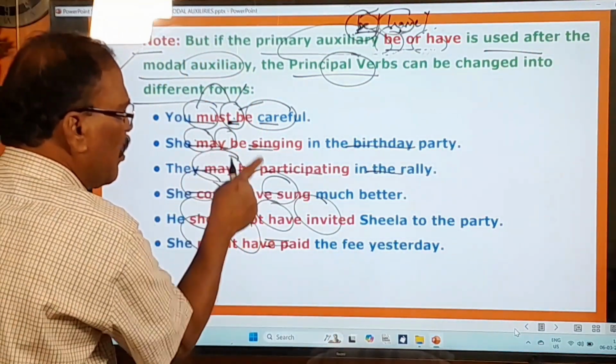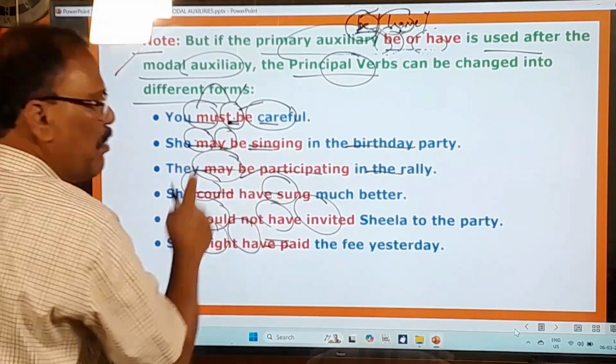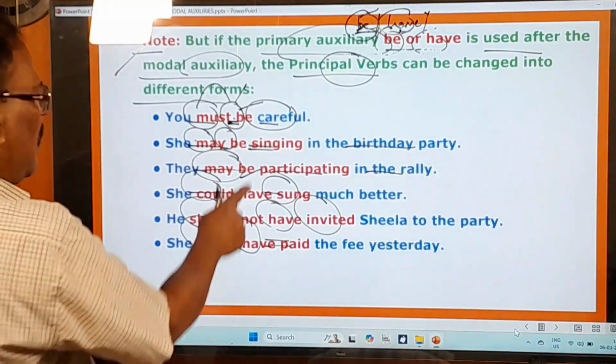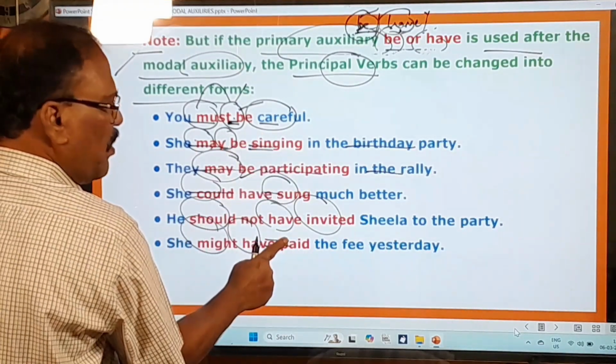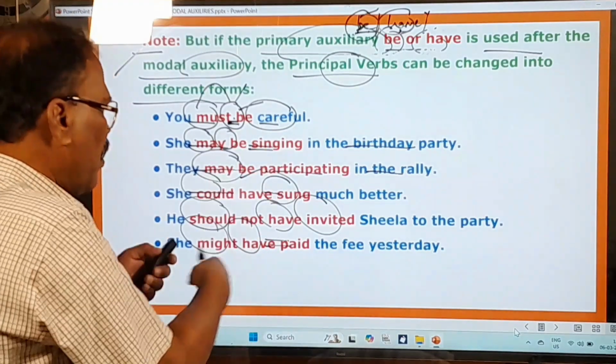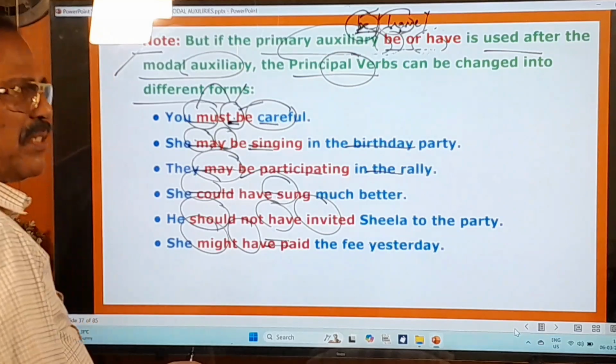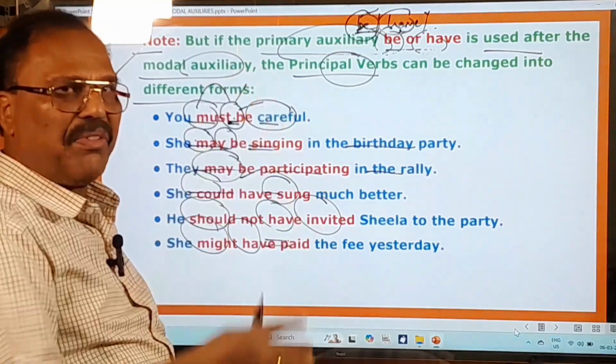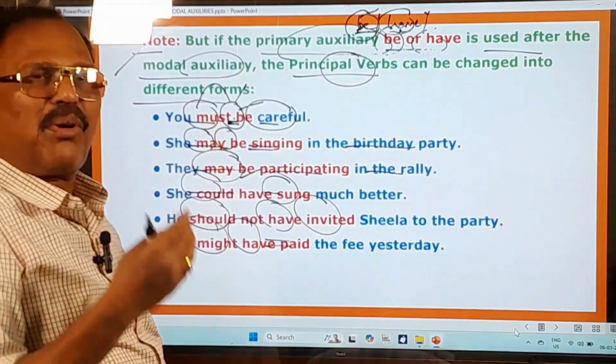With be you are using ing form. With have you are using past participle form. Okay, this is present participle, this is past participle. Please, all these things I hope you know very well, and that's why I'm making use of all these words, right? And you please watch many of my grammar videos. You can understand all these important aspects, right?